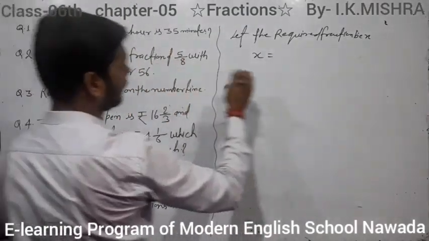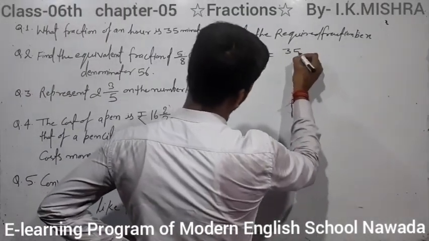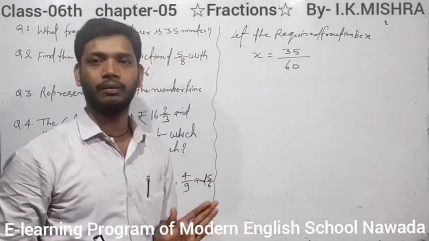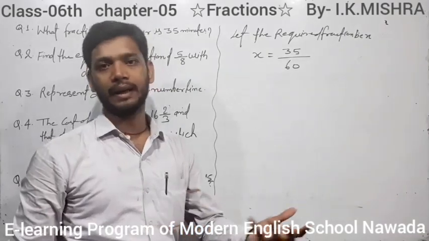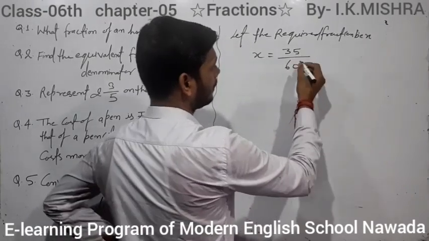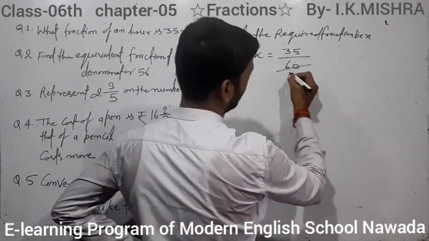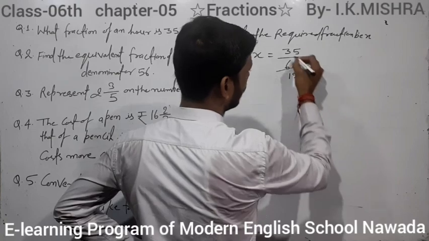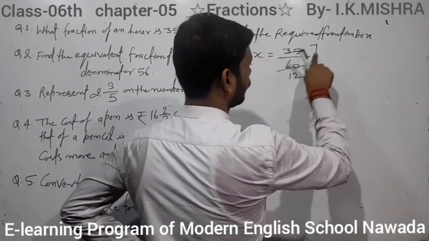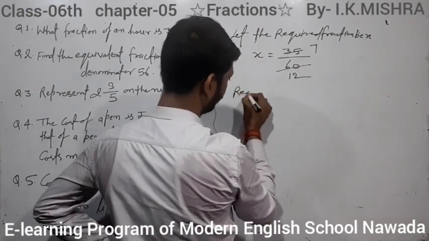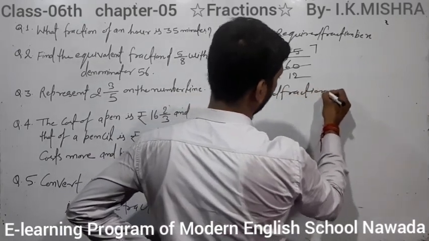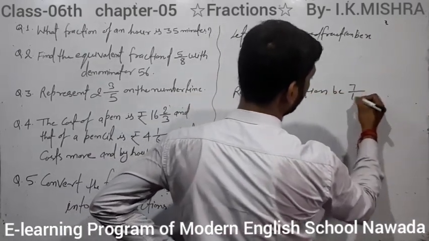So divide 35 by 60 to find the fraction, the part divided by the whole. Here 35 minutes is asked. Now divide by 5: 60 divided by 5 is 12, and 35 divided by 5 is 7. So the required fraction is 7 by 12.